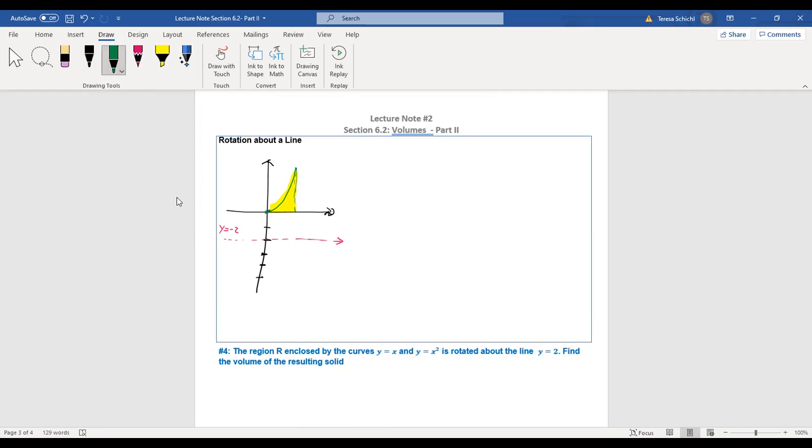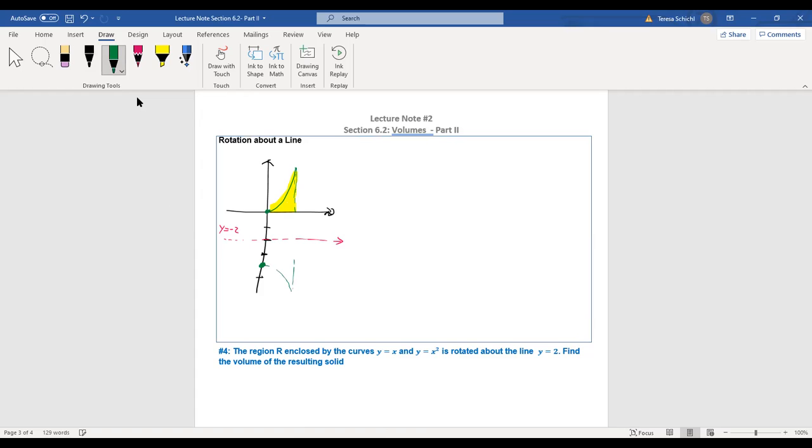This point is 2 units from the new rotating axis, so when it rotates it goes to here. And this point goes back to here. So this will be the rotating part, and that's why I always use the dotted line to demonstrate it.